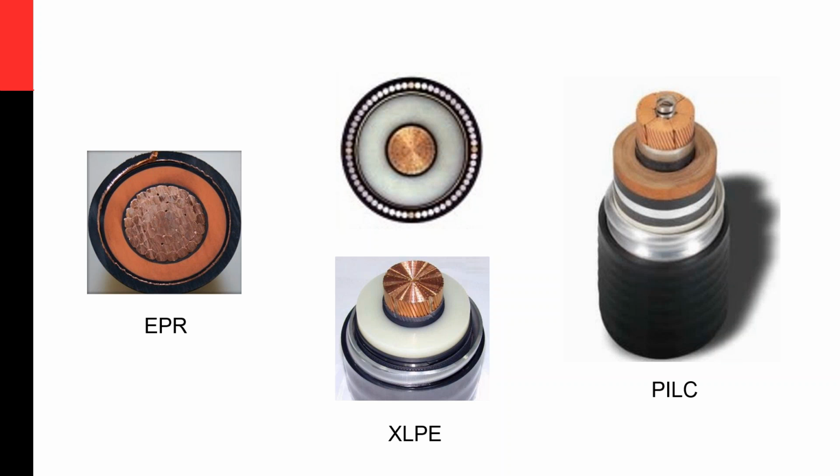It's a completely different type of constructing an insulation, while on the left, this is actual solid dielectric. The PILC is layers of paper impregnated with oil, and fault location on those cables is much different. And these cables are typically used in downtown networks, while the plastic cables, the extruded cables, are typically used in so-called URD systems, or in general in just standard distribution systems.